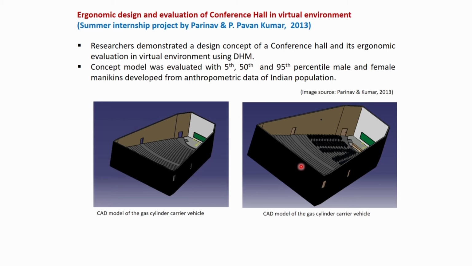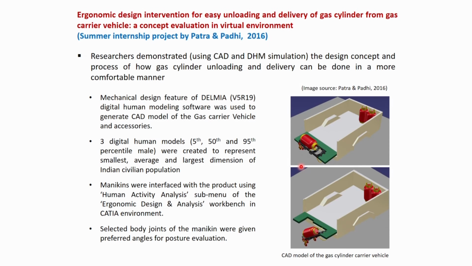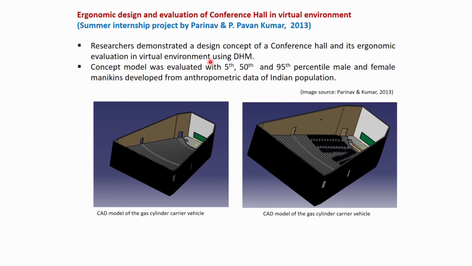This is being discussed to give the students who are going through this course on digital human modeling a fair idea about how, for your own purpose, you can use CAD and digital human modeling software for virtual ergonomic evaluation. So next we are discussing ergonomic design of a conference hall.